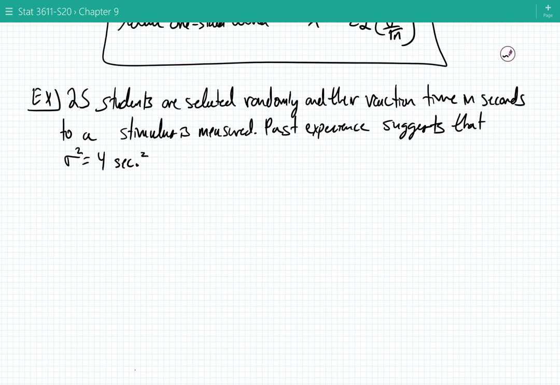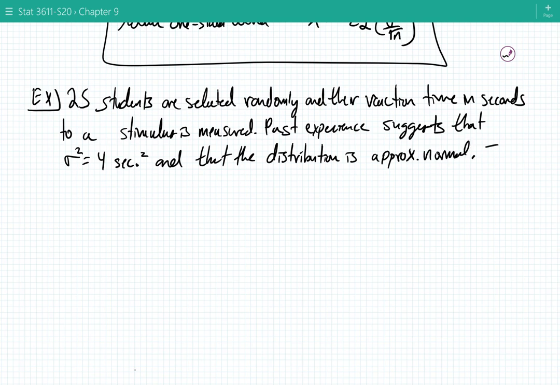And that the distribution is approximately normal. All right, almost done setting this problem up. The average time for the recorded subjects is 6.2 seconds.